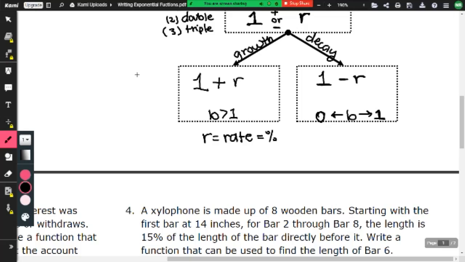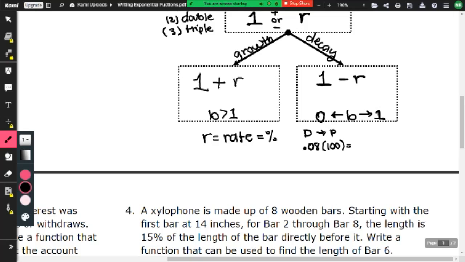Does anybody need to write how to turn a percent to a decimal and decimal to percent? All right, let's say we start off with the decimal. Decimal to percent. So you take the decimal, say 0.08, and you multiply it by 100.